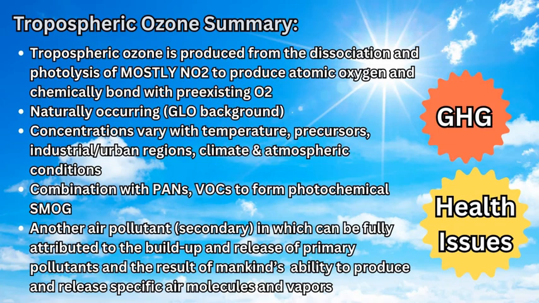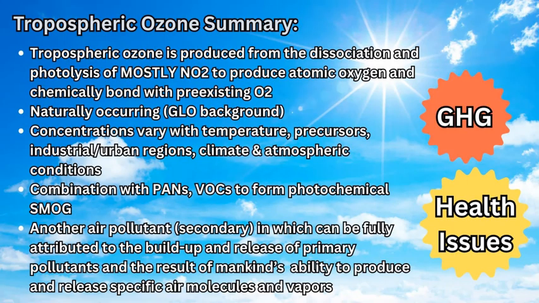The difference is the additional release of anthropogenic gases such as nitrogen dioxide, carbon dioxide, carbon monoxide, sulfur dioxide and VOCs, which break down through sunlight into increased amounts of atomic oxygen, and therefore increased amounts of tropospheric or ground level ozone, which will then accumulate and become an air pollutant over a certain AQI value, around 101 or 151, based on the groups of people exposed and also the effect on the environment.